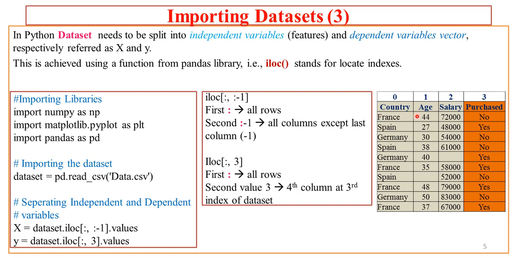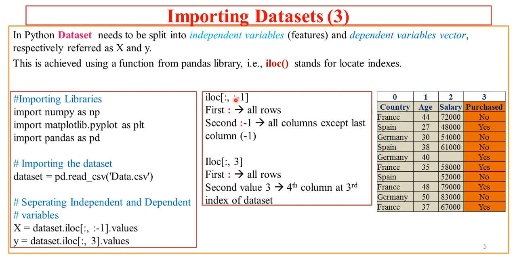For example, for the independent variable vector, that is called the feature vector, country, age and salary are the feature vector attributes. So this feature vector needs three attributes starting from index 0 to 2. Now suppose we want to include this in our independent variable feature vector, then we have two ways.